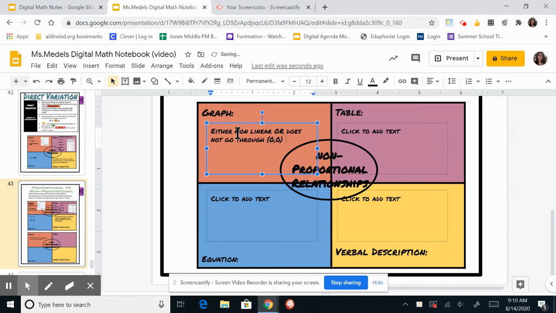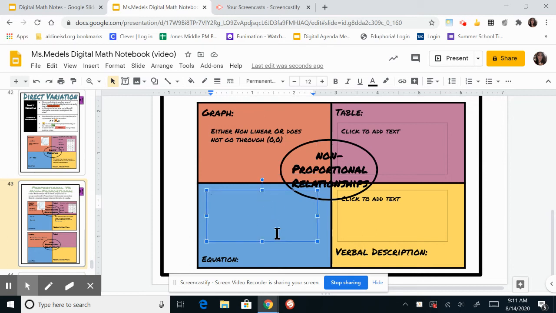So if it's linear but doesn't go through 0, 0, it's non-proportional. If it goes through 0, 0, but it's like a squiggly line, it's also a non-proportional relationship. Okay. If it does any one of these, it is non-proportional.